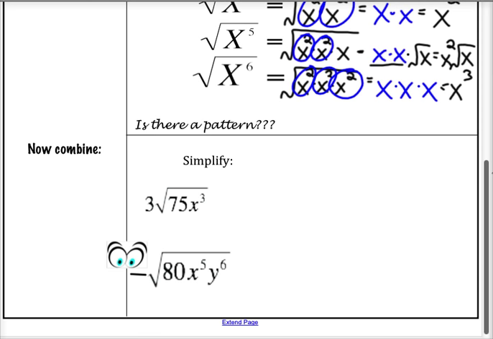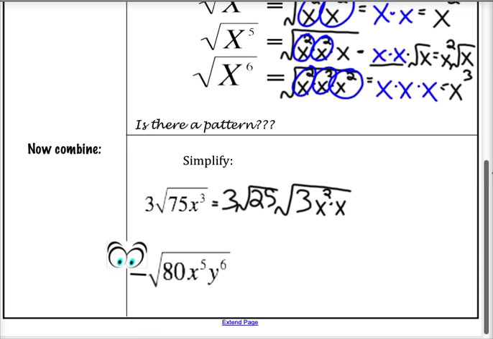So, the square root of 75 x cubed. Well, square root of 75, we've already said, can break up into 25 and then 3. You want to pull out the perfect square. Well, that x cubed, we want to break it up into as many groups of 2 as possible.